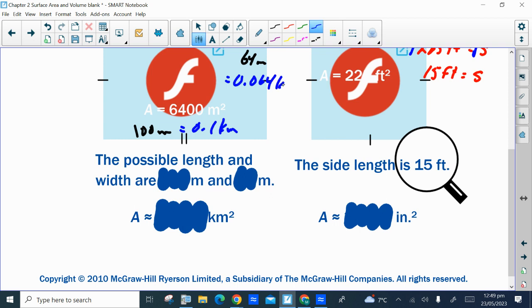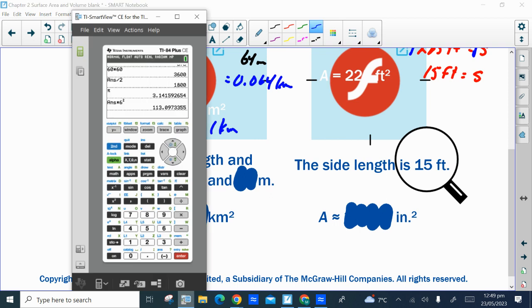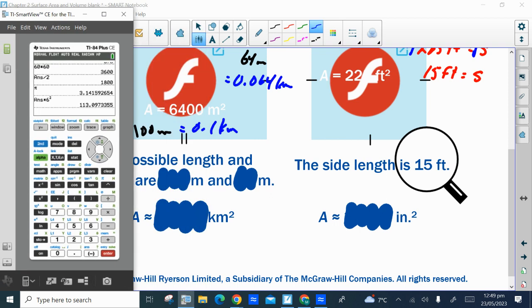And if you took those two numbers and multiplied them together, 0.1 times 0.064, that gives us 0.0064 kilometers squared.